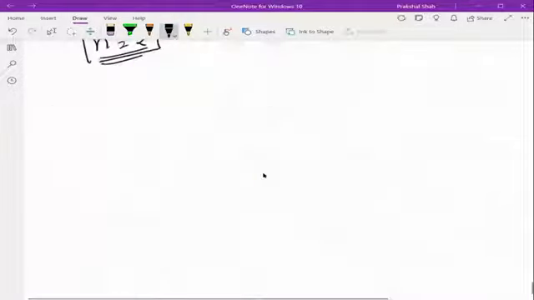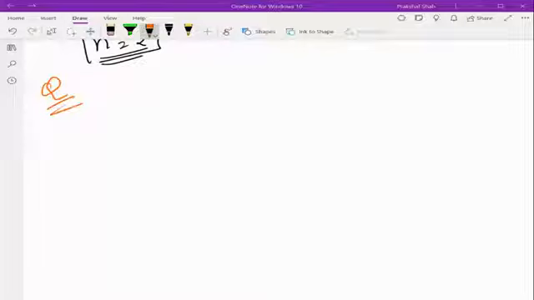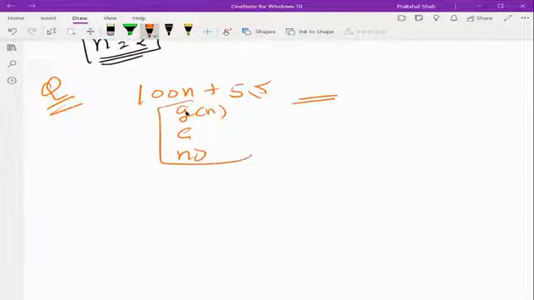Clear? Okay. Now let's consider one other problem so that you all will be clear. Let me give you a linear problem: 100n plus 5. This is my question, and I need to find g of n, c, and n0.